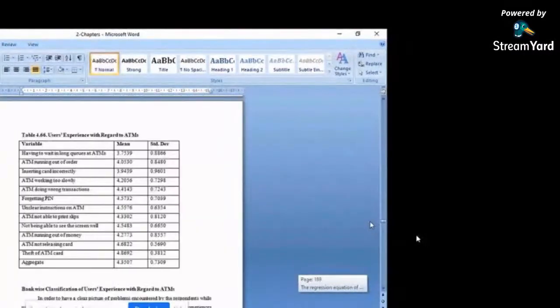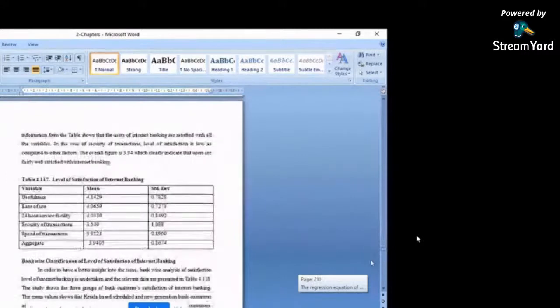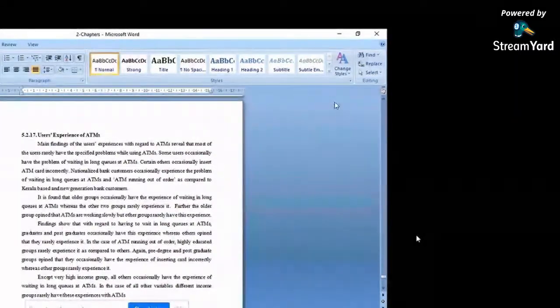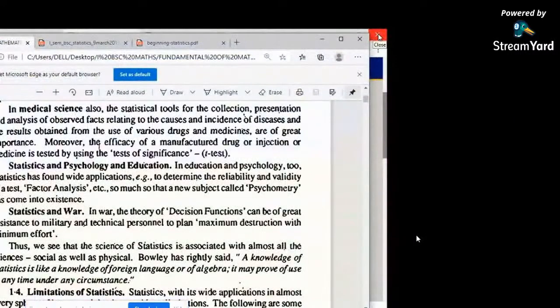Regression is there, classification, everything. I show you this because even in social science, psychology, and economics theses, and in every report, you can see statistics. So that much need is given to statistical theory.